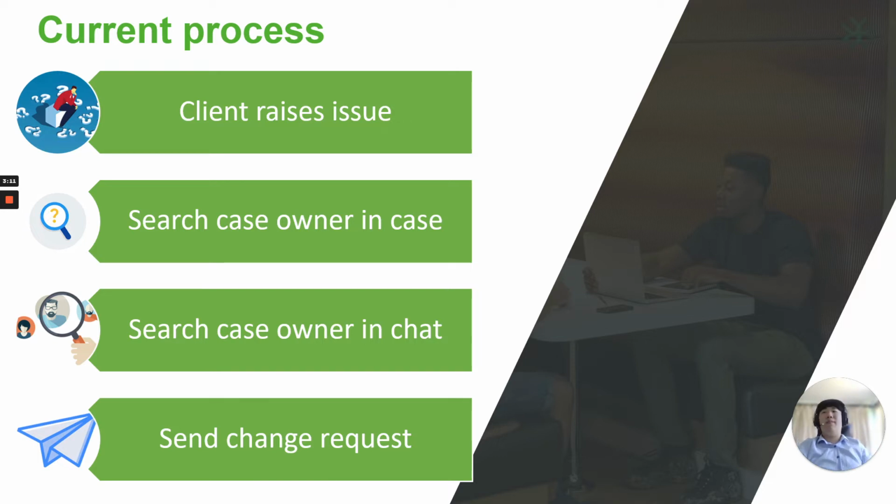So you'll have to search through the communications to find out who the last case owner was in this case and get them to change the details. And then also you have to search for the case owner within the communication channel.